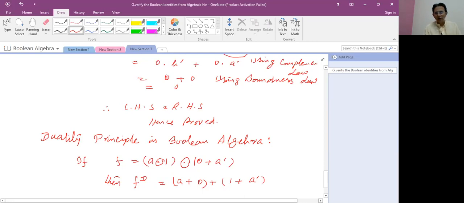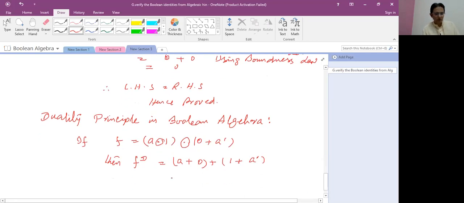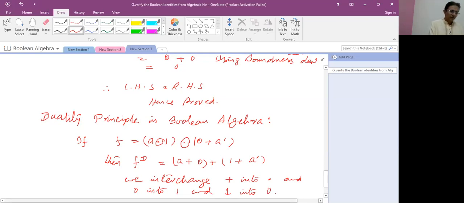So in duality principle, according to duality principle, we interchange the operation plus into multiplication and 0 into 1 and 1 into 0. So this is called the duality principle.